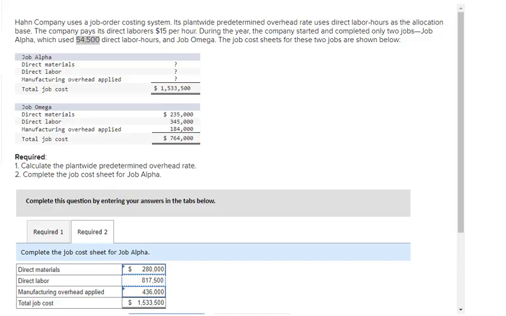You calculate the cost and the overhead costs applied within each department separately, then you add them together. But when you're using the plant-wide predetermined rate, like we're doing in this example, you will just have one rate. You apply that for all different departments based on one base, and then add together, then you have a job cost.